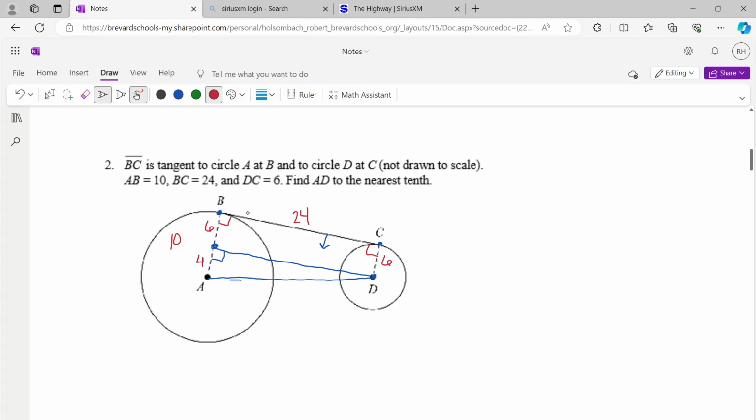If BC was 24 to begin with, it's still 24. And we need AD. So it's just a matter of sliding BC the same distance on both ends and forming a new right triangle. So now we get 4 squared plus 24 squared equals AD squared.